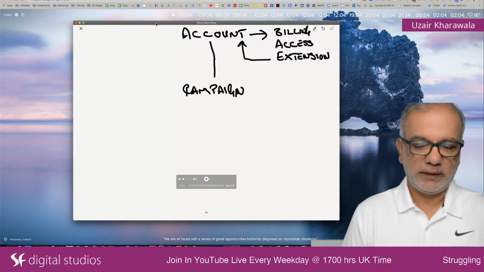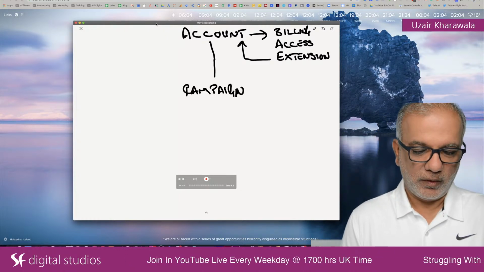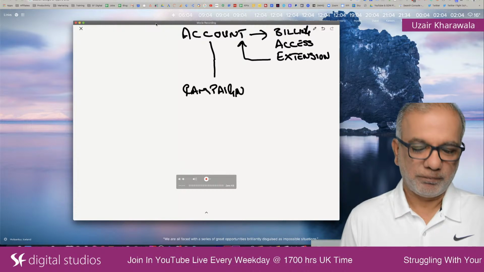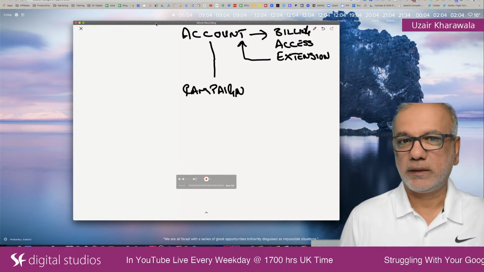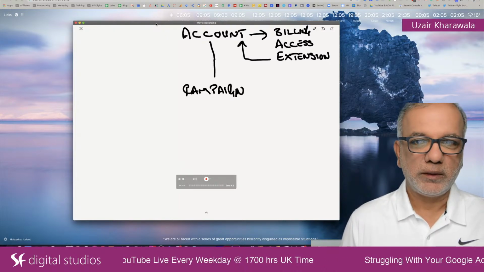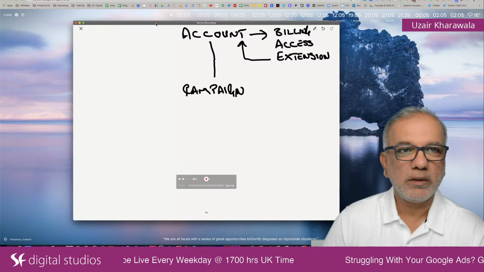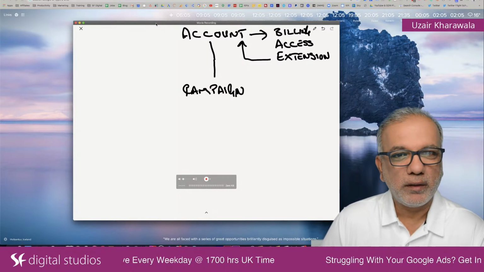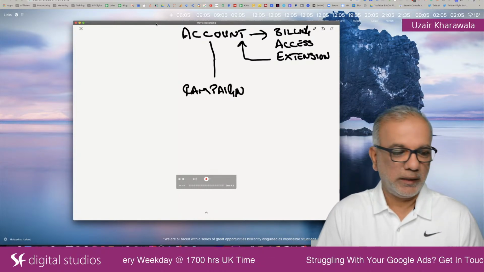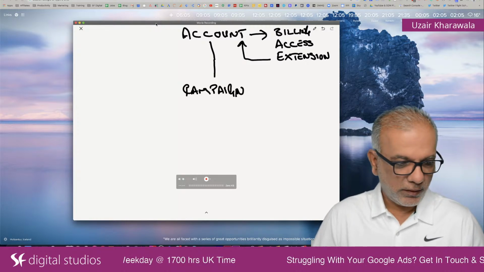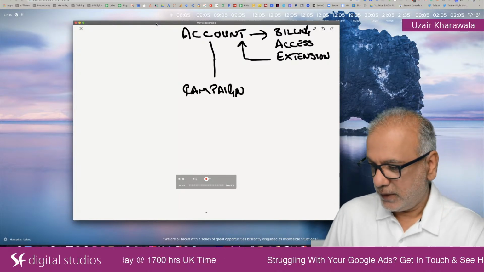So all your extensions like call extensions, location, callouts, structured snippets, all of these, put them up at account level. So then you don't need to worry about it once it's all done and set up, and that's pretty much it.